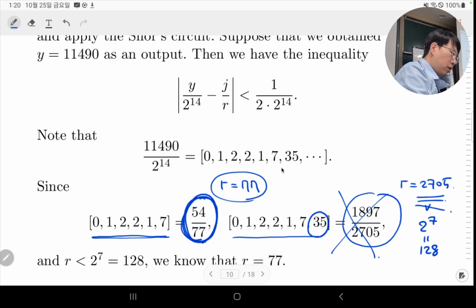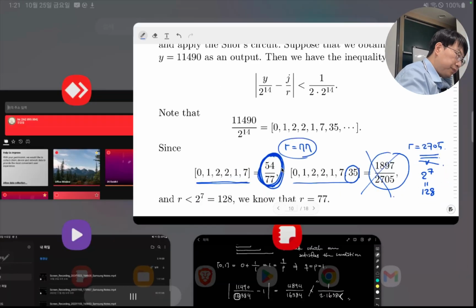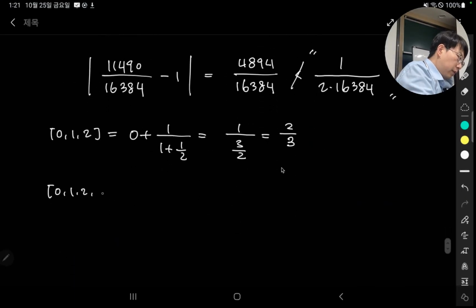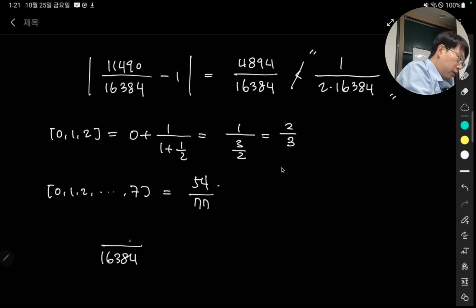So let's check whether this is actually less than 1 over 2 times 2 to the n. So remember this 54 over 77 here. If I go by 7, then it's 77, 54, and 16384, 11490 minus 77, 54.